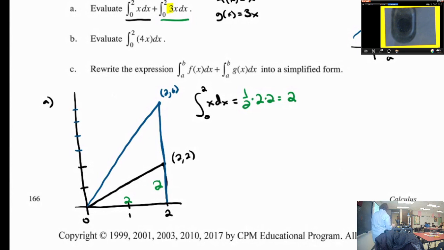That triangle has the same base of 2, but this time it's got a height of 3 times 2, which is 6. So the integral from 0 to 2 of 3x dx is the area of that blue triangle, 1/2 times the base of 2 times the height of 6, which in this case is going to be 6.